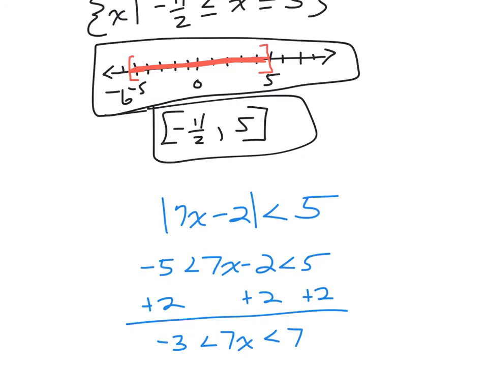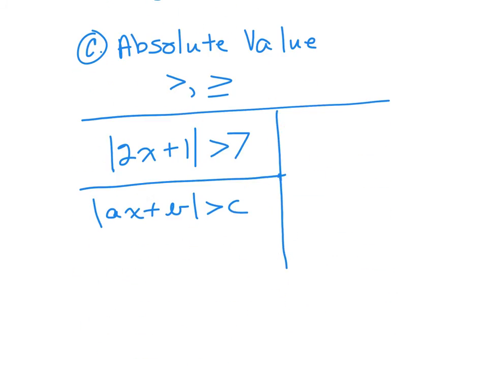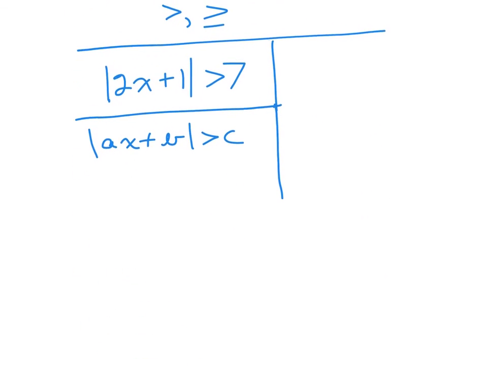If you have the absolute value of ax plus b greater than c, what that's going to mean is either ax plus b is less than negative c, flip the sign and flip the sign on the c, or, it's going to be an or problem, ax plus b is greater than positive c.